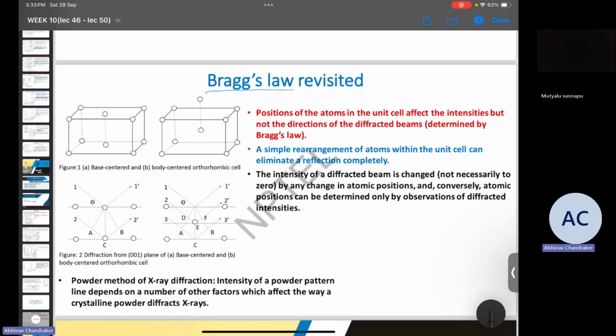Basically, there are particular angles at which constructive interference of the scattered beam takes place, and at those angles we get very high intensities. This phenomenon of getting very high intensities at certain angles is called diffraction of beams or electromagnetic radiation.